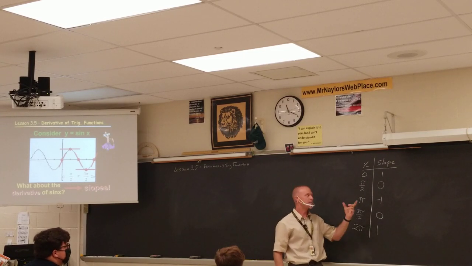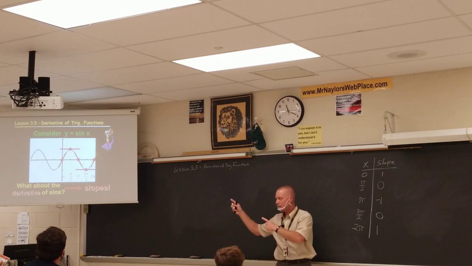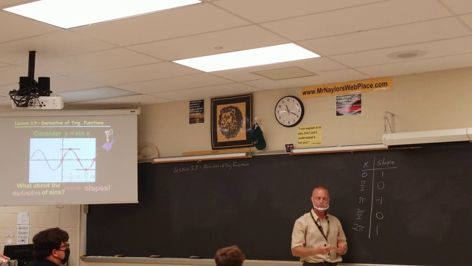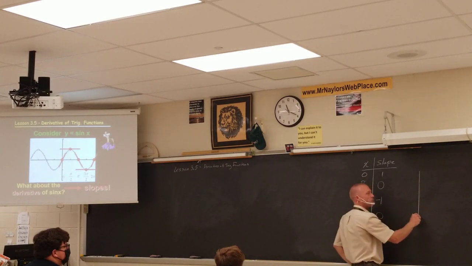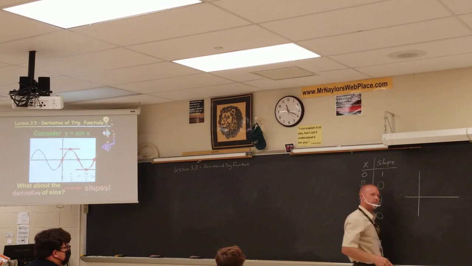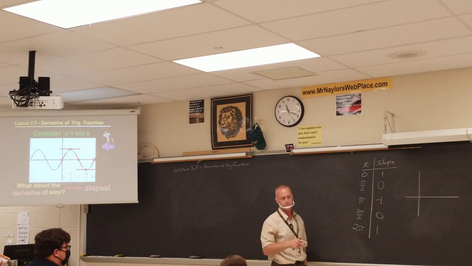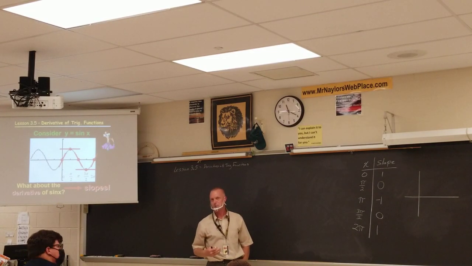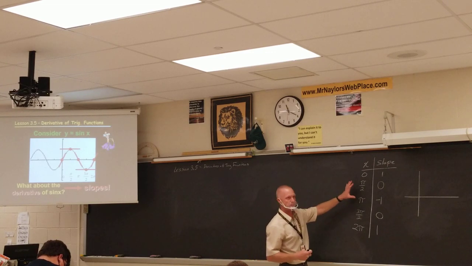What's happening here is we're taking the derivative of that graph and we're going to graph it. We're going to graph the derivative of sine. What do you mean we're going to graph the derivative of sine? Well, we're literally going to graph these points.